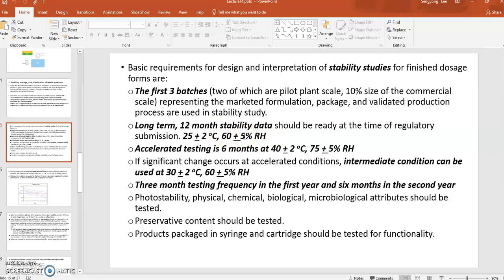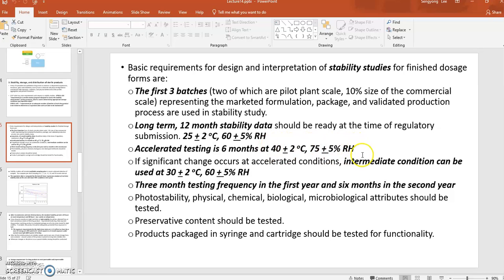Okay. And if you don't want to do a 12-month period, you can accelerate that testing at a harsher condition, which means it's only a 6-month period instead of 12 months, half a year. But the temperature should be raised to 40 degrees, plus minus 2, of course, and the humidity is also raised to 75%, plus minus 5.